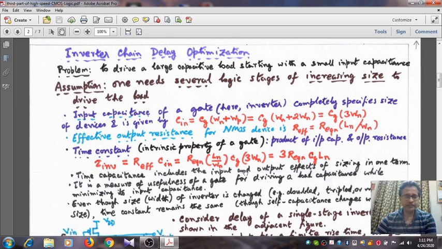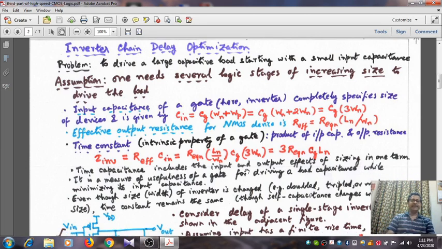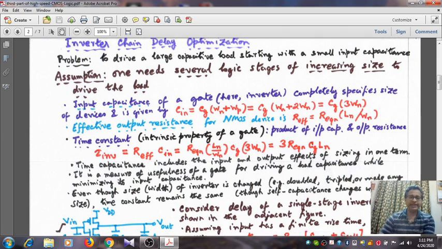Clear? Next, let us define a very useful property, an intrinsic property of a gate. Here we are considering an inverter; later on we shall consider NOR gate, NAND gate and other gates. The time constant is given by the product of input capacitance and output resistance. So what is the input capacitance?